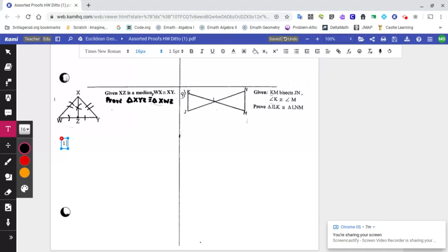One, XZ is a median, given. Two, that tells me that WZ is congruent to YZ.